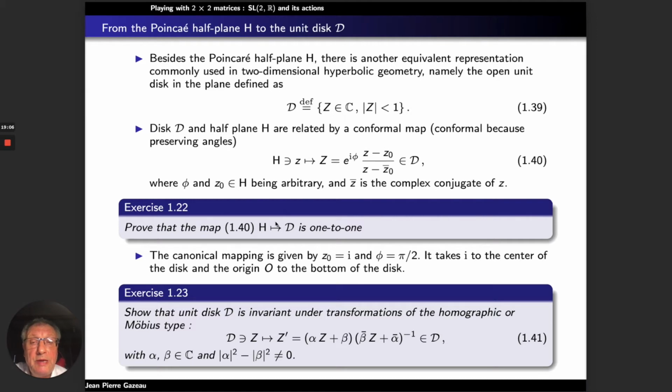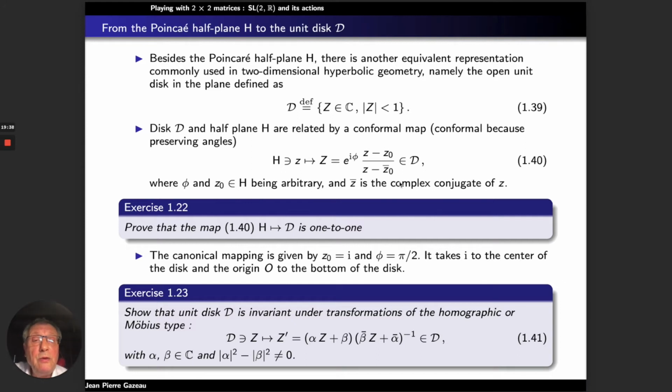So, exercise: prove that this map is one-to-one. That means you can take the inverse of this map. And when we choose z0 equal to just i, the purely imaginary number, and the angle phi, the argument of this complex number, equal to pi over 2, that means this quantity is equal to 1.